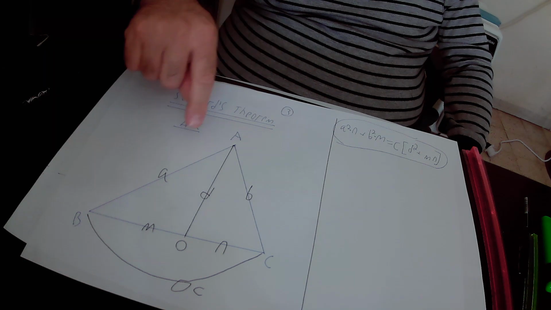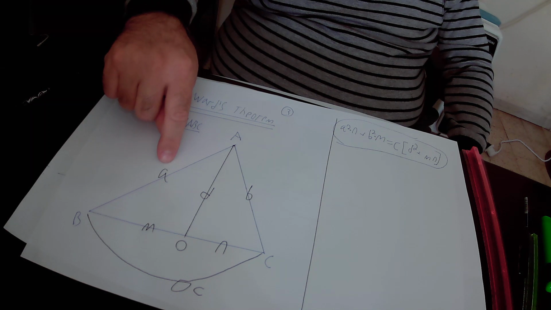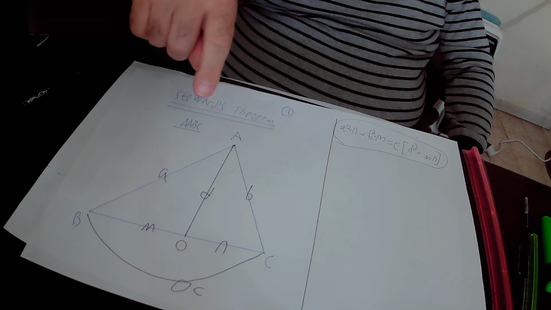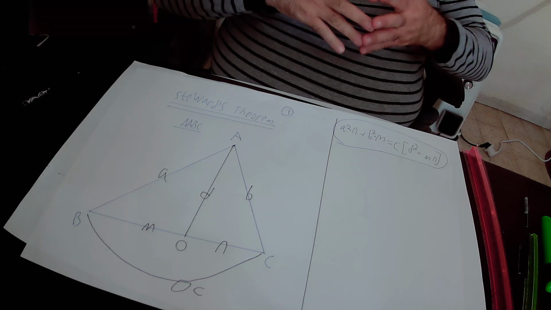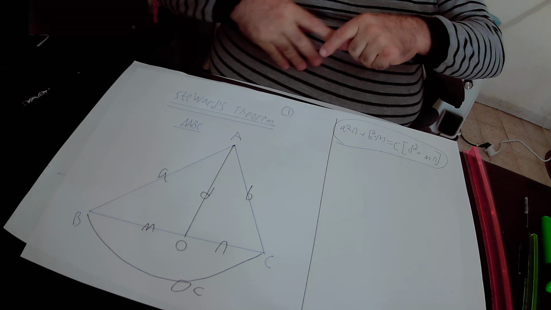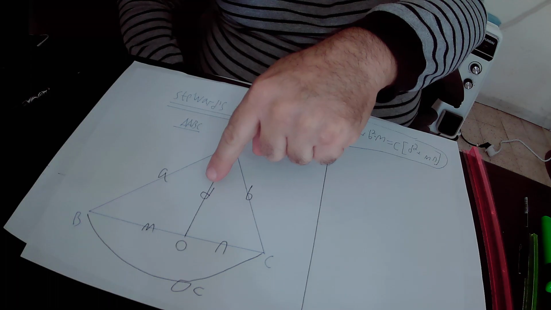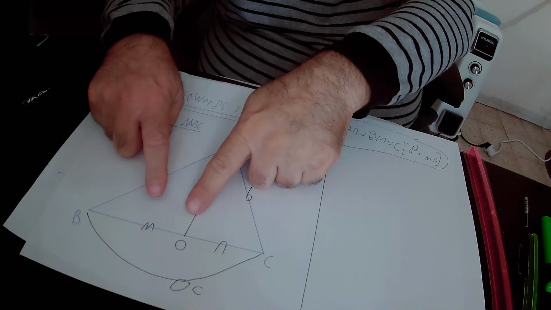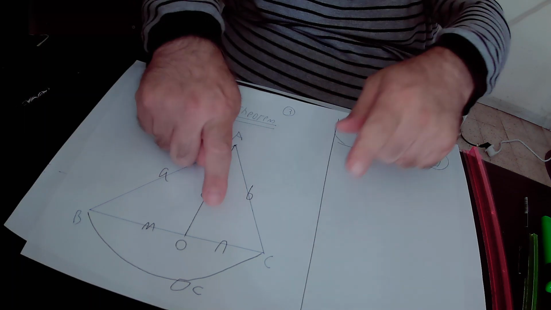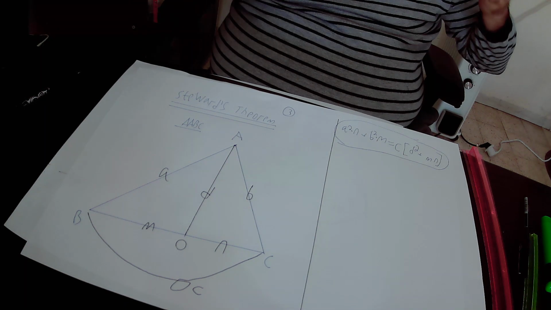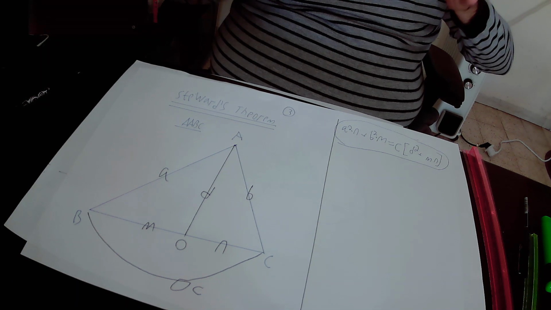We know that the length of side AB is equal to A units, side AC equals B units in its length, and finally side BC equals C units in its length. In addition, we know that line segment AO equals D units in its length, BO equals M units, and OC equals N units in its length. Then, according to Stewart's theorem, the following equation is true.